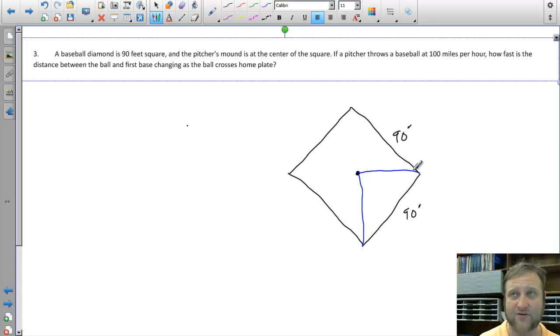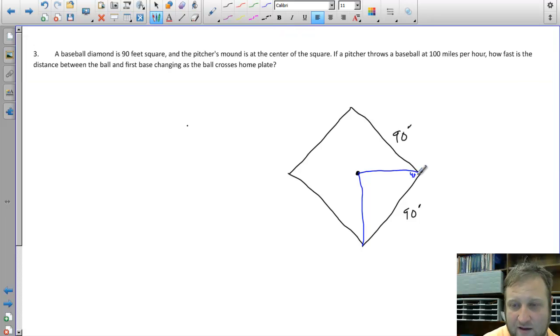All squares have angles that are equal to 90 degrees because we have 90 degrees times 4, which gives you 360. If we bisect our angle in half, this will be a 45-degree triangle, and this will also be a 45-degree triangle.